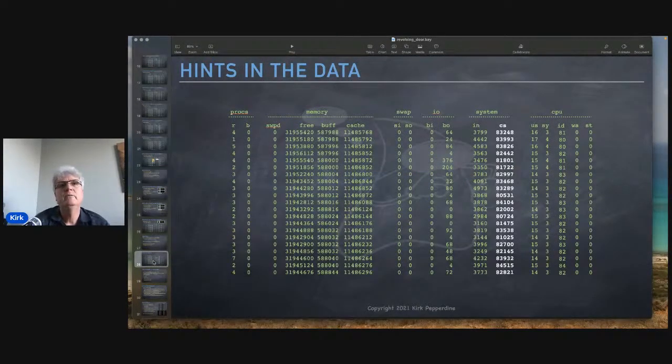And it really comes down to, if you look at the hints in the data, it's clearly suggesting to me that context switching is at the root of the problem. And what we're suffering from is high rates of voluntary context switching.